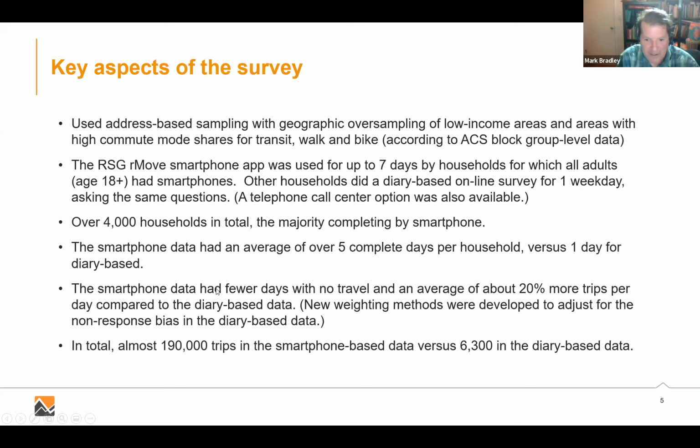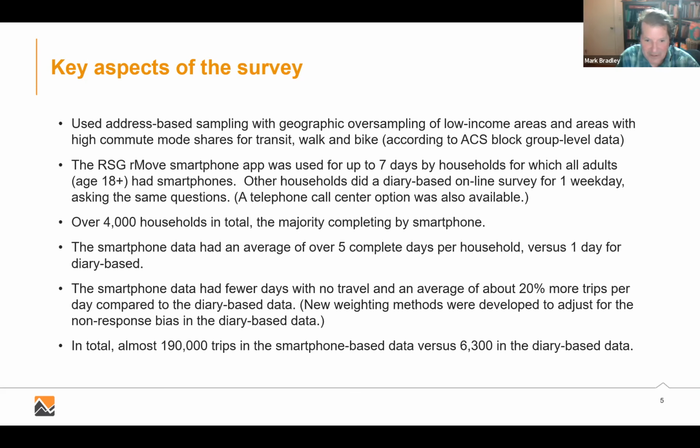Because the smartphone data doesn't rely on people remembering their trips, it doesn't leave out trips that people doing the diary-based method might forget about, or think are not important, that they don't want to know about. So we get an average of about 20 percent more trips per day in the smartphone-based data compared to the diary-based.